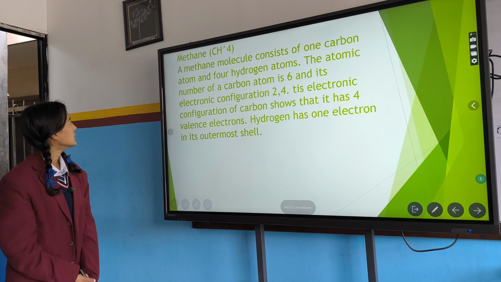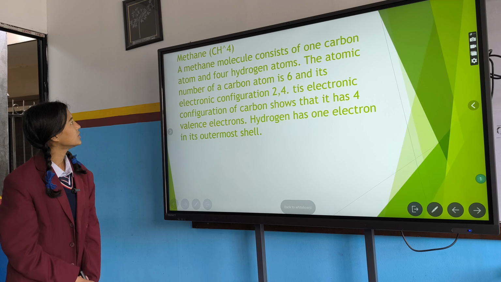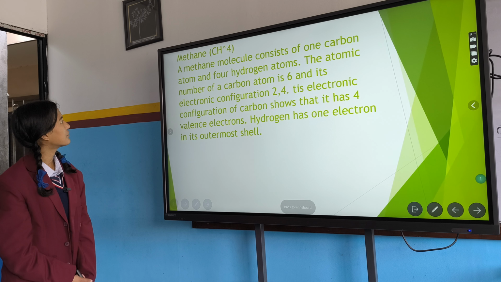Methane. A methane molecule consists of one carbon atom and four hydrogen atoms.